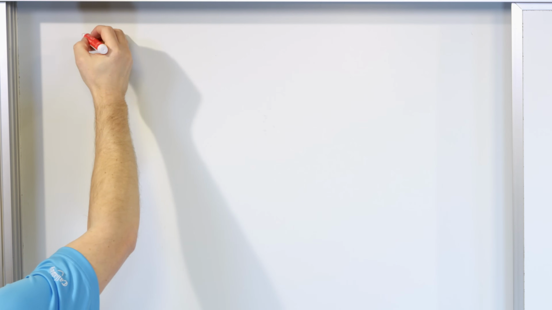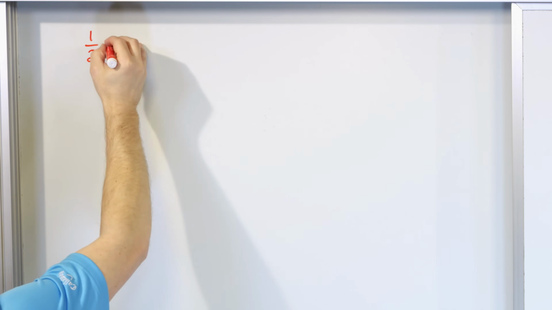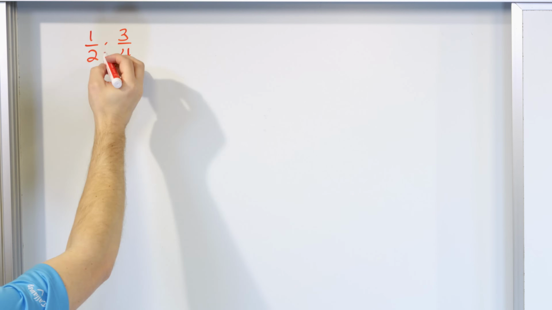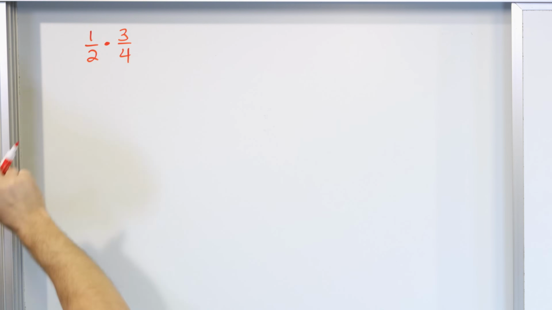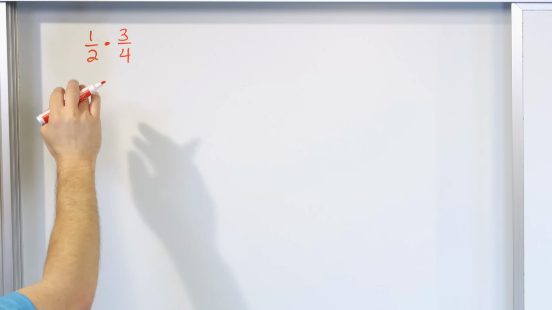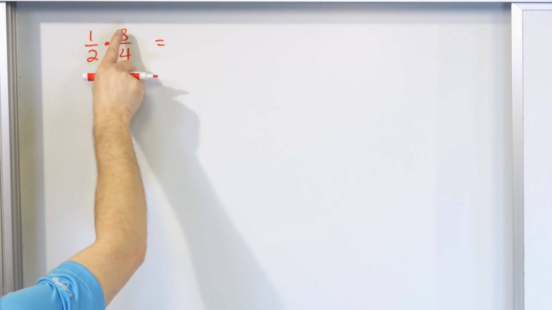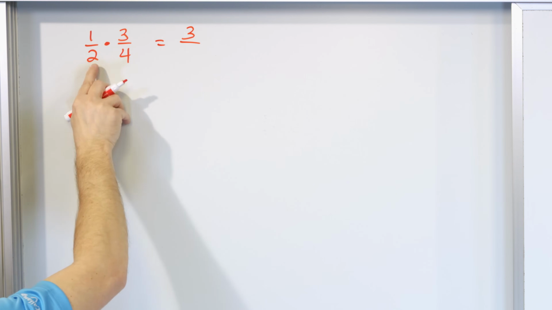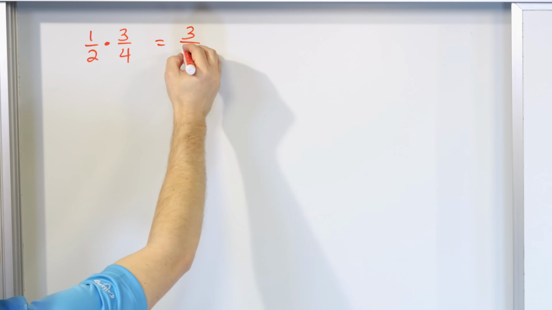How do you do something like this? 1/2 multiplied by 3/4. How do you do that? Well, when we multiply fractions, we do not need to find any kind of common denominator. That's for adding and subtracting fractions. To multiply them, all you do is you take the numerators and multiply them. 1 times 3 is 3, and 2 times 4, you multiply the denominators. 2 times 4 is 8.